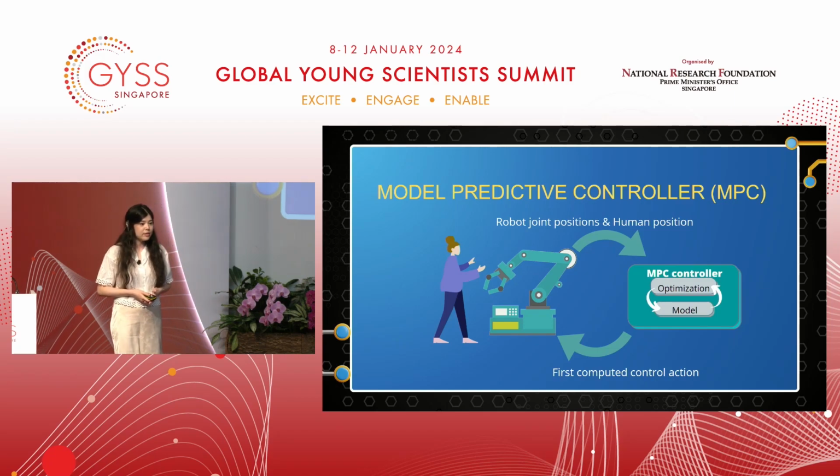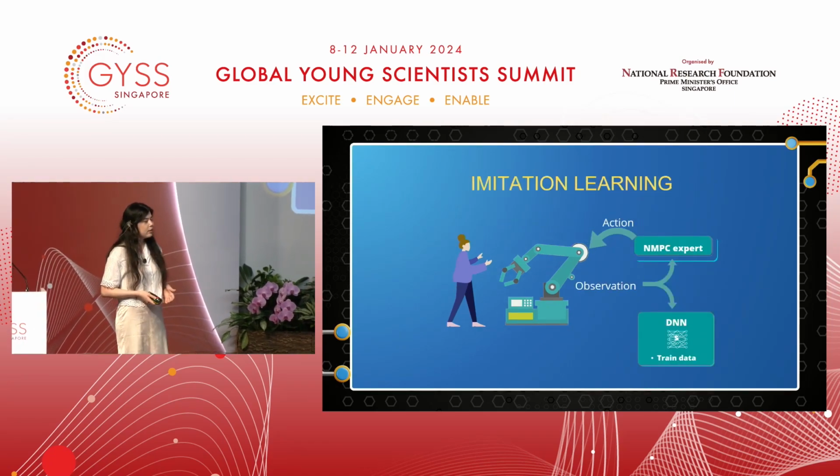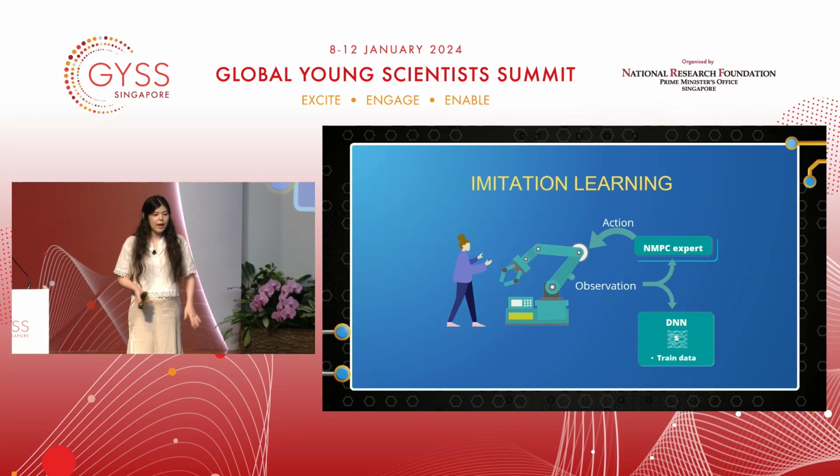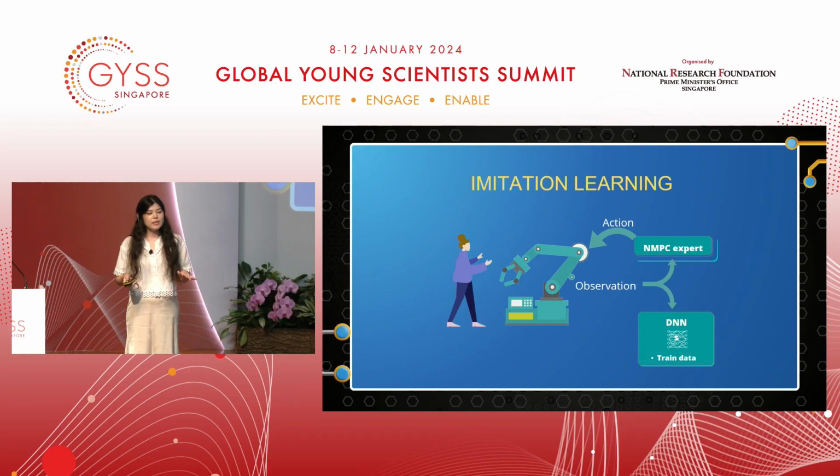That's the reason why we use deep imitation learning techniques to approximate nonlinear model predictive control solutions. Here I want to explain deep imitation learning. Imitation learning is a type of machine learning process in which a computer learns to imitate the behavior of an expert based on demonstrations.